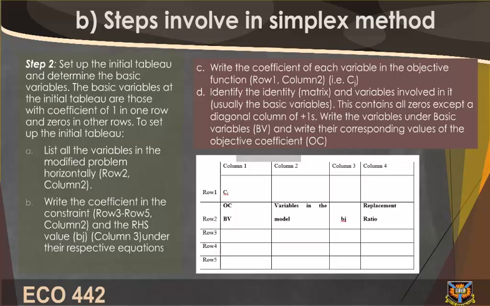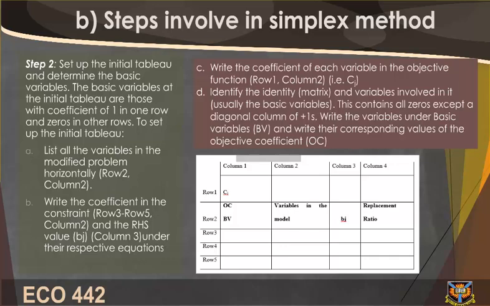B. Write the coefficients in the constraints, row 3 to row 5, column 2, and the RHS value, Bj, column 3, under their respective equations. C. Write the coefficients of each variable in the objective function, row 1, column 2, that is Cj.